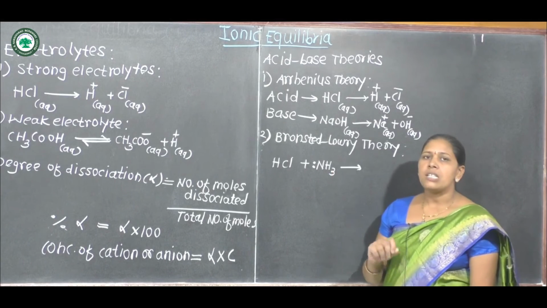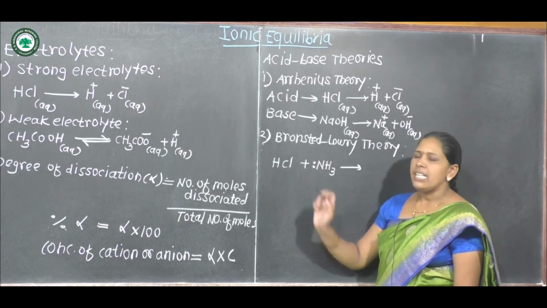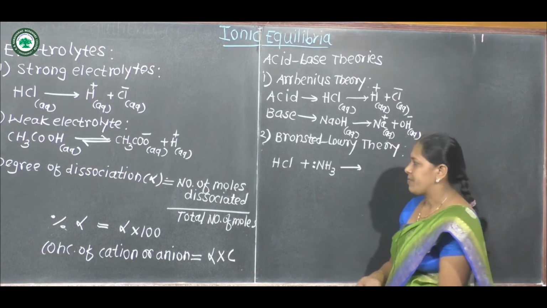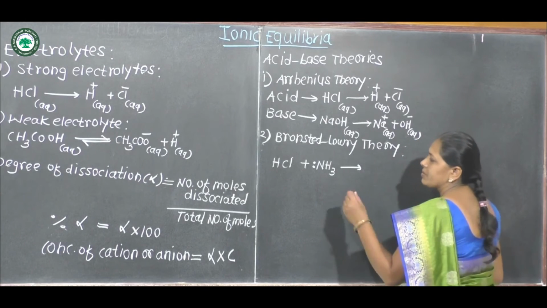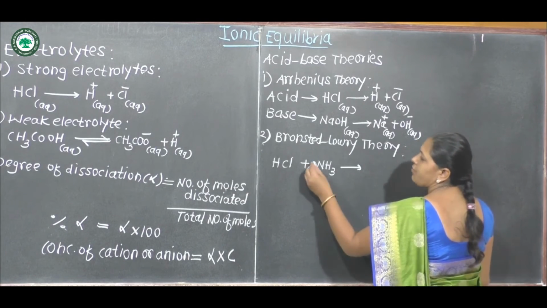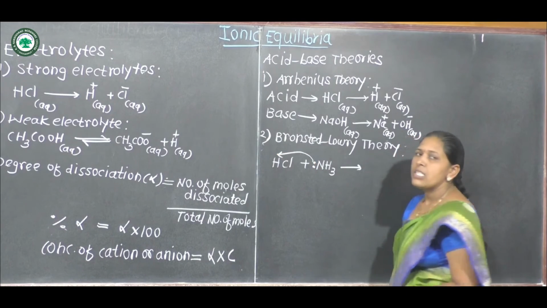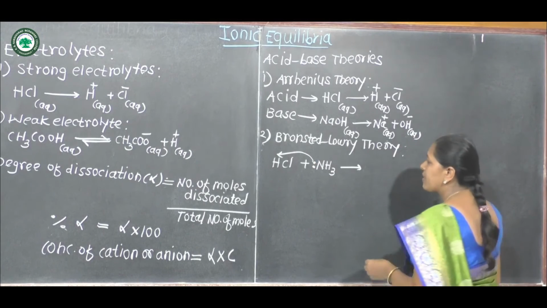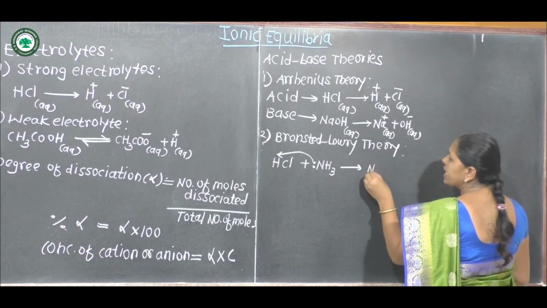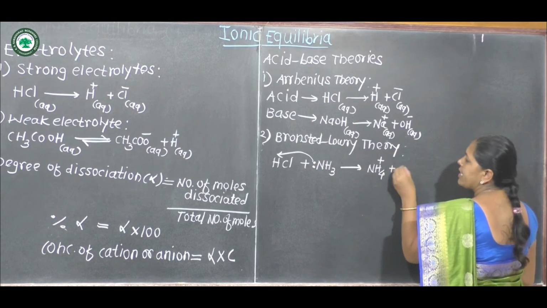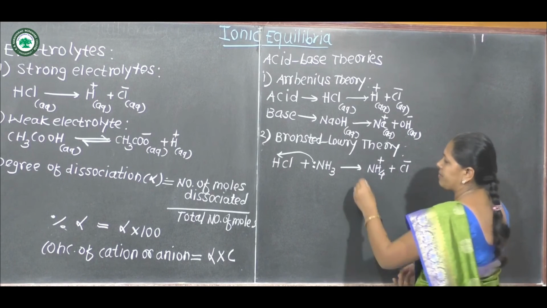Therefore, NH3 is electron rich, and in HCl, H plus ion is electron deficient. If this electron pair on nitrogen is donated to H plus ion, then there is formation of ammonium ion and Cl minus ion.